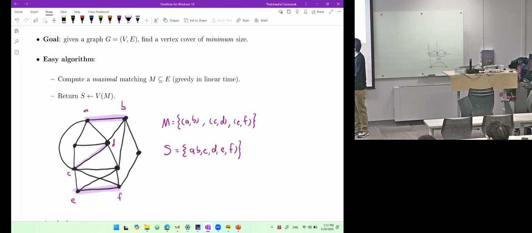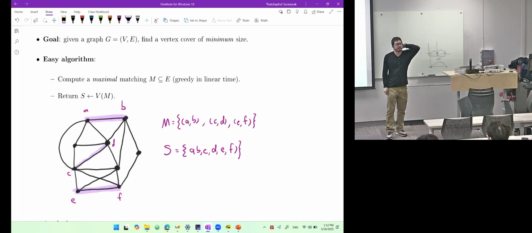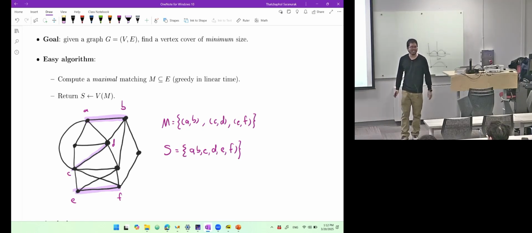Do you see why S must be a vertex cover? Give me the proof now. Why must this algorithm return a vertex cover?